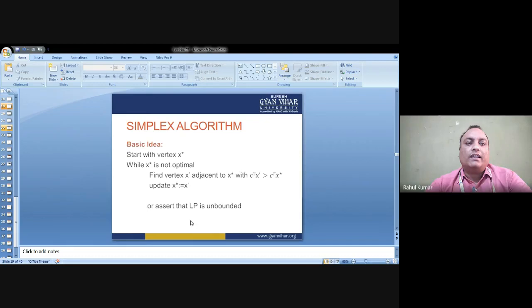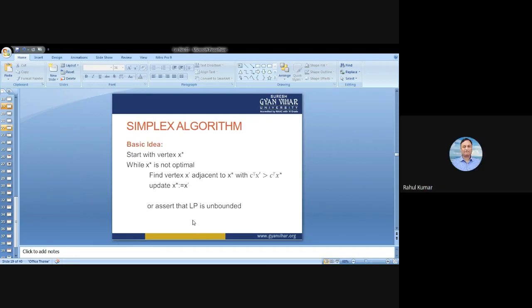So this is the last topic for this unit. The unit is unit number one, and the lesson is the linear programming problem, right?